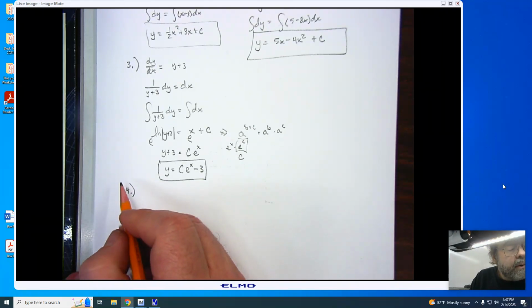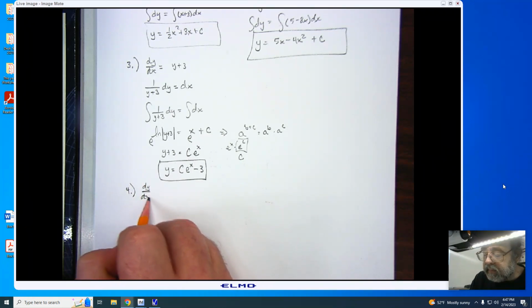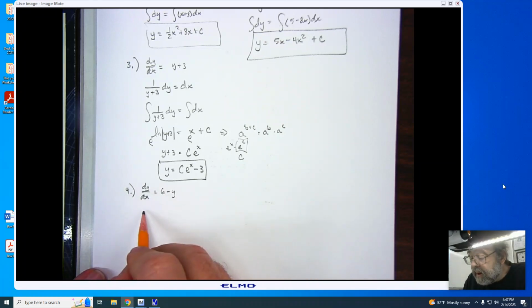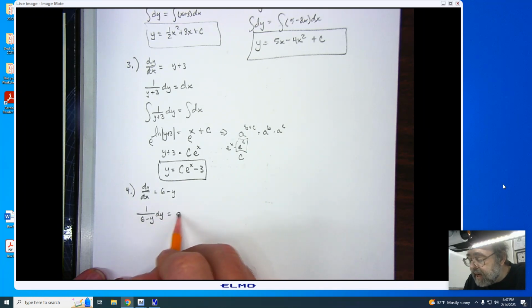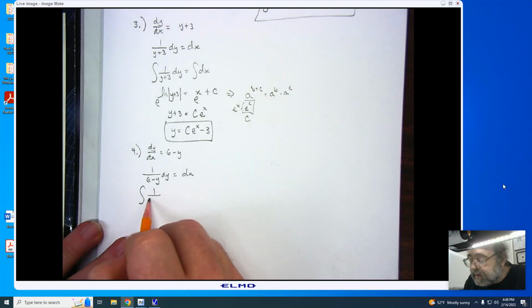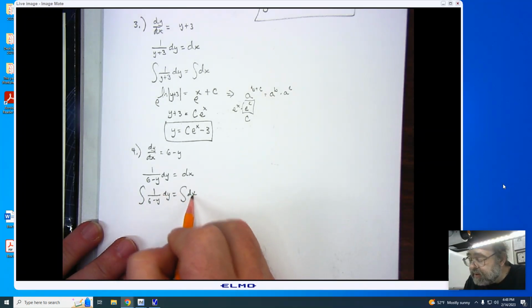Number 4 is showing us dy/dx, and this is equal to 6 minus y. Separating my variables, 1 over 6 minus y dy is equal to dx. We then integrate 1 over 6 minus y dy equaling the integration of dx.